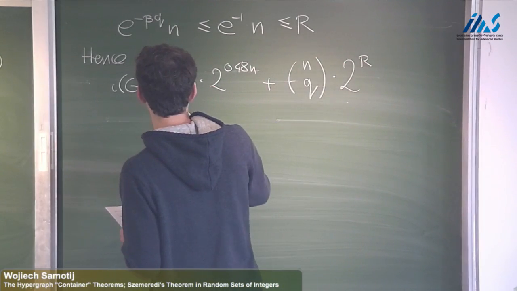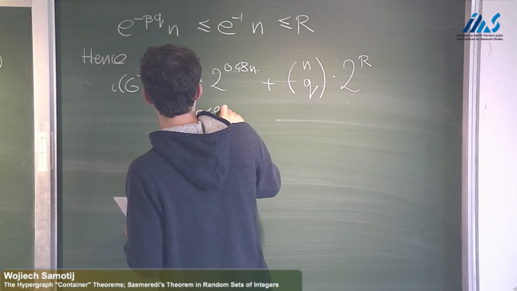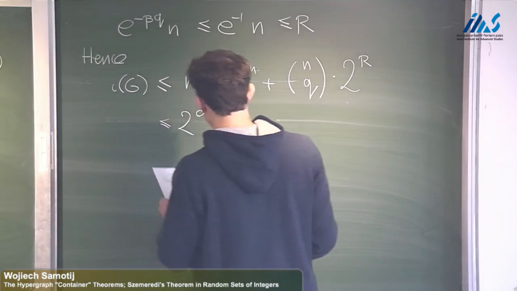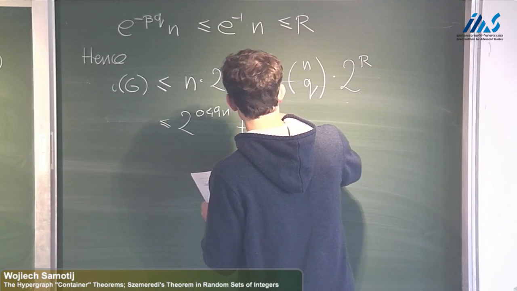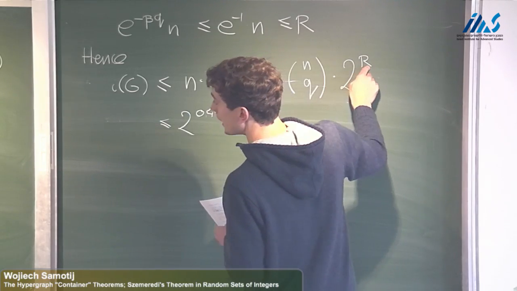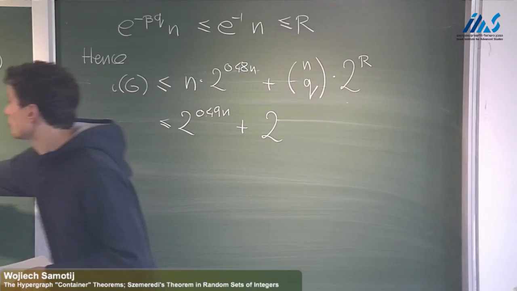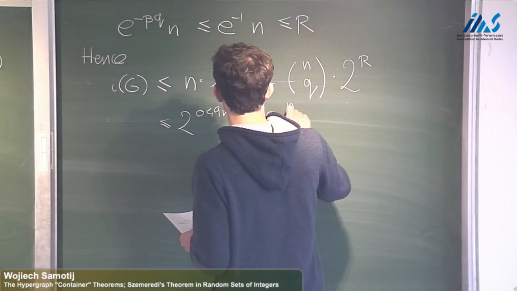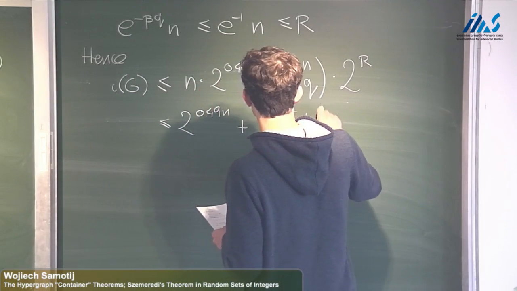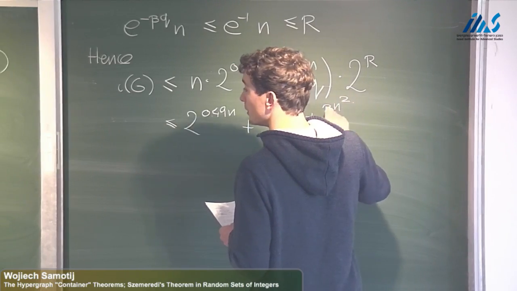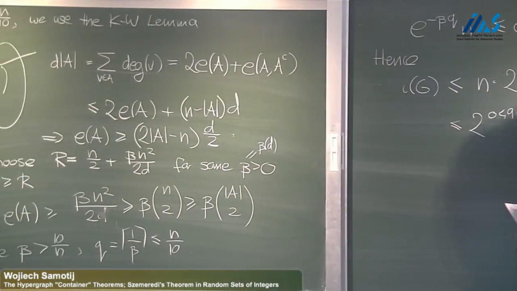And this is at most 2 to 0.49n plus 2 to, I substitute the definition of R, so it's n over 2 plus beta n squared over 2D.